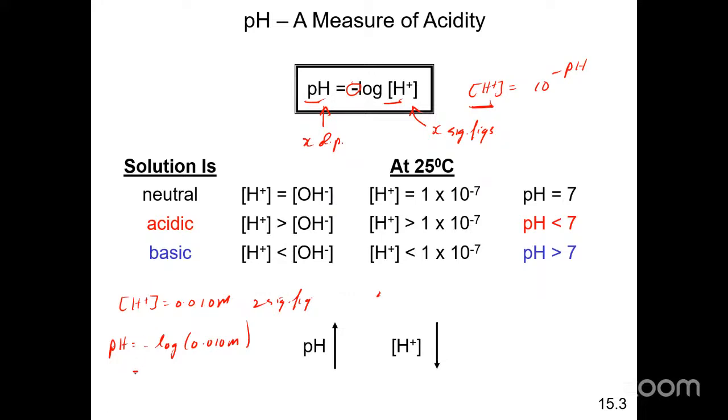So the answer correctly would be 2.00, because you have 2 sig figs here, which means that your answer must be expressed to 2 decimal places.